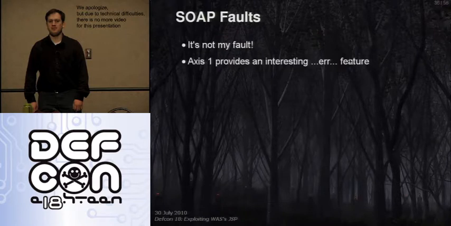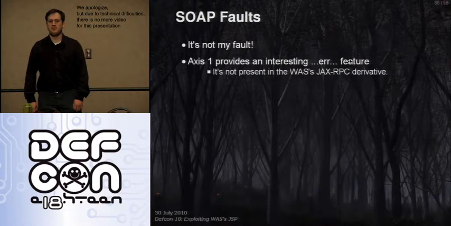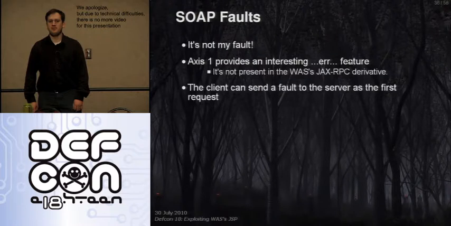Axis 1 provides an interesting feature, which unfortunately is not present in the WAS extension of Apache Axis 1, so we can't use it directly with WAS. What happens is that the client, for whatever strange reason, can actually send a fault to the server as its initial request.